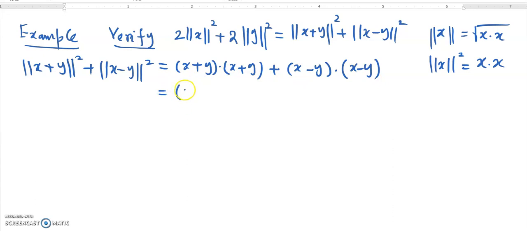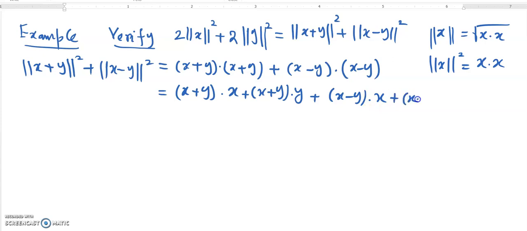Now we expand according to the rules of the dot product. We take x plus y dot x, and x plus y dot y, and then x minus y dot x, and x minus y dot minus y.